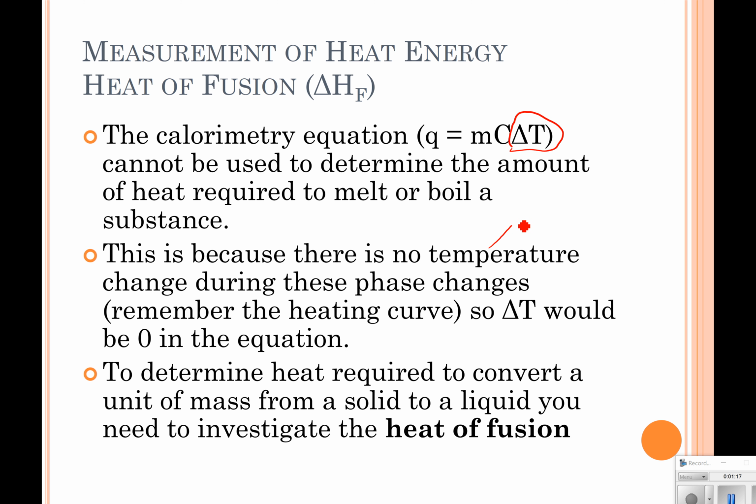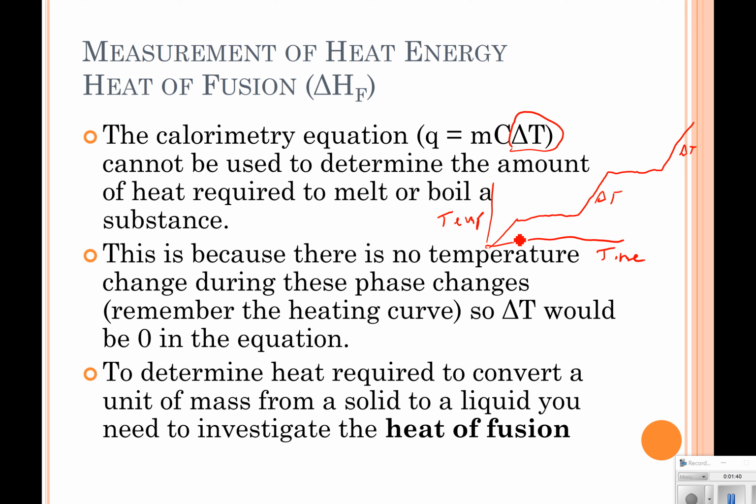And if we think about the heating curve, remember these flat portions here on our graph, on our axes we had time and temperature. And on these slanted portions we have a change in average kinetic energy.